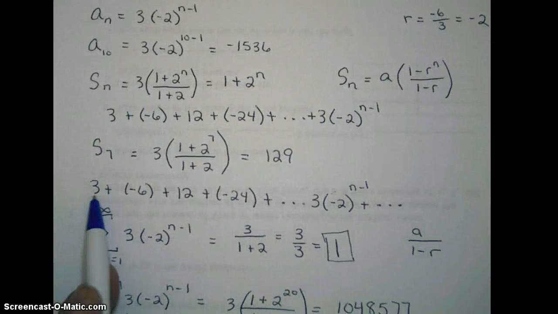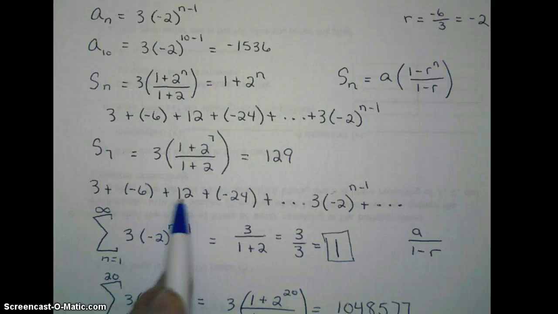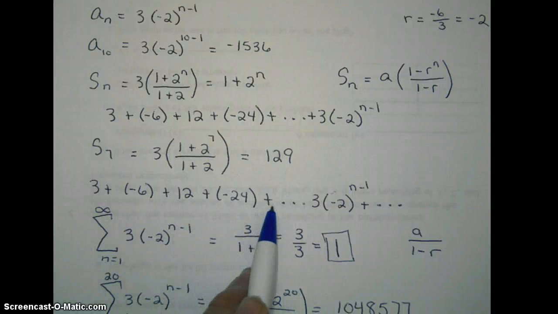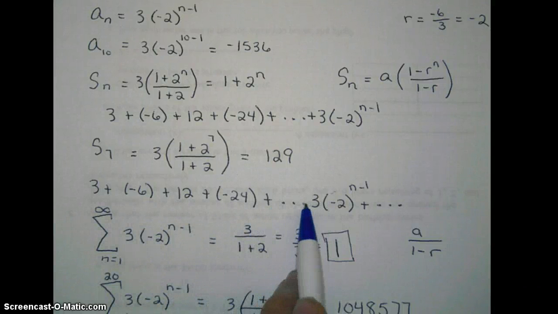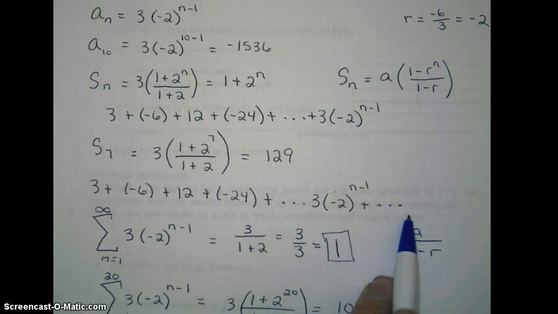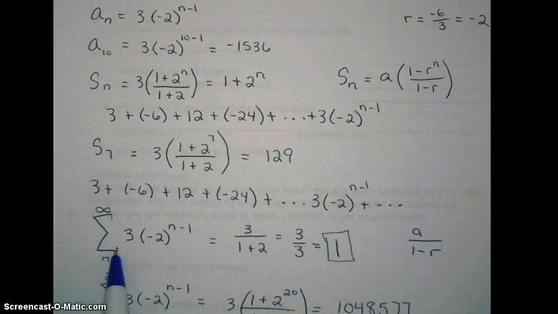All right, what about summing an infinite series, an infinite geometric series? So here we are again, summing them up. This time we go to the nth term, but this time we go beyond because we're going infinitely. So using sigma notation, here we are summing starting with the lower limit at 1 and the upper limit being infinity.